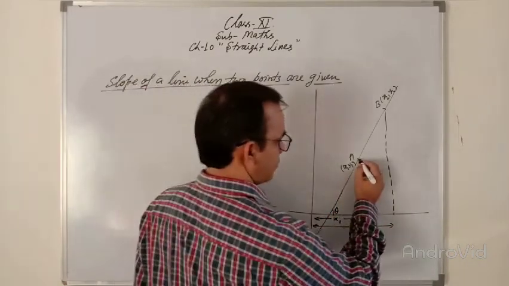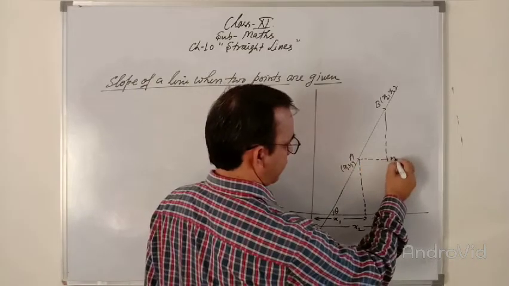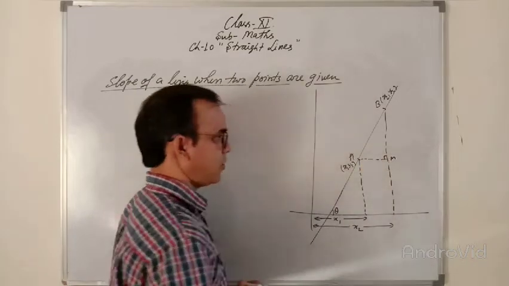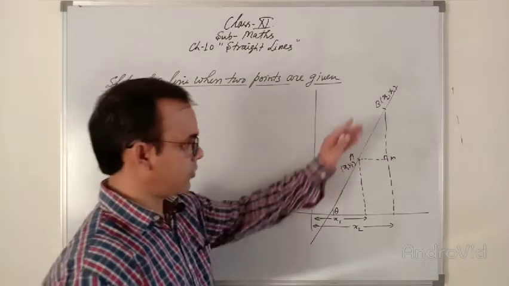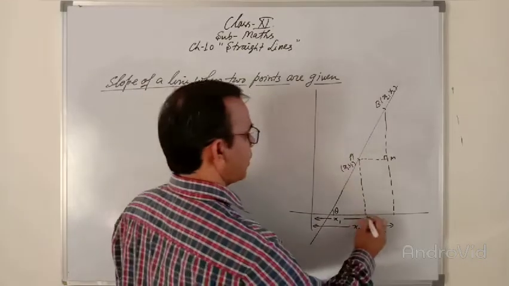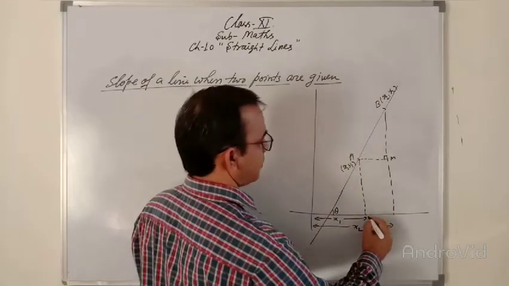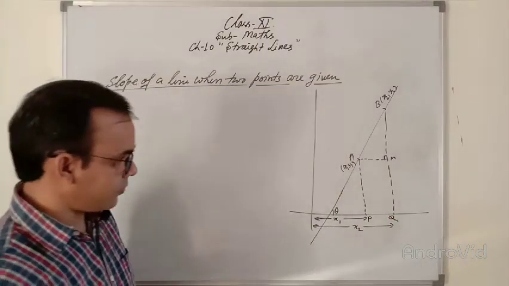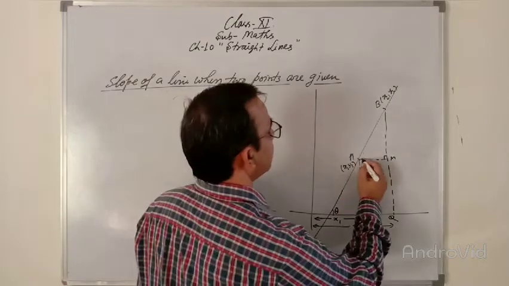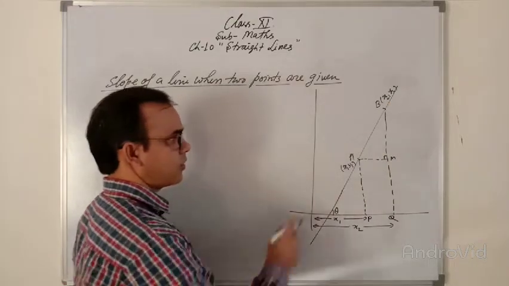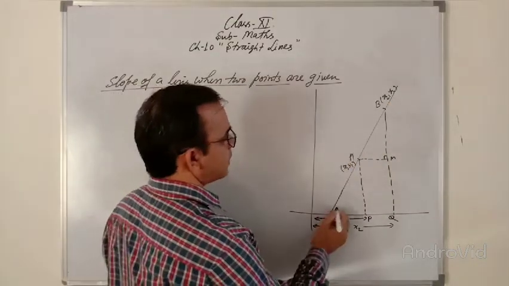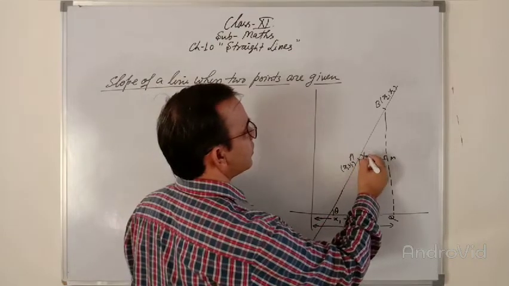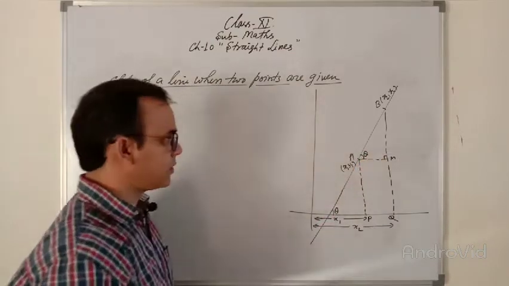Suppose this is the point M, draw perpendicular from this point A to the line. Now let's consider the points as this P and Q. Now our motto is to find the slope of this line when the 2 points A and B are given. This angle is theta, this angle is also theta, because these are the 2 corresponding angles.